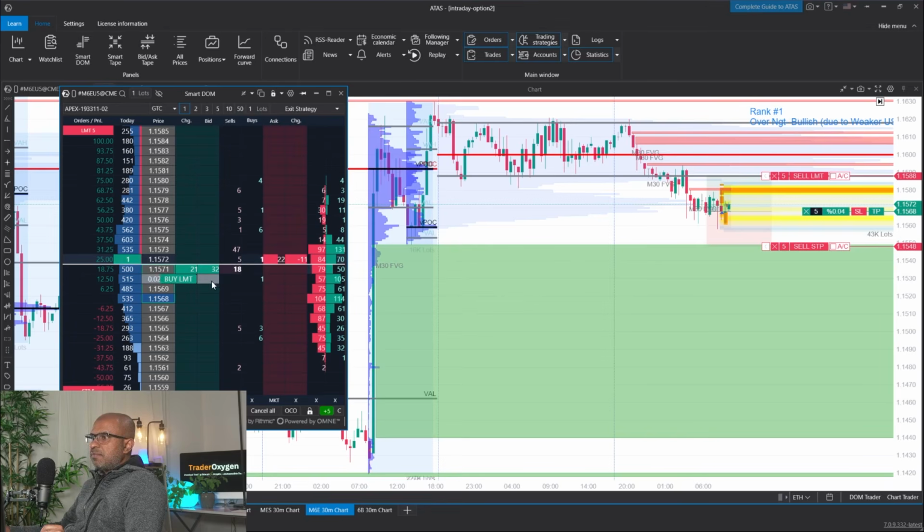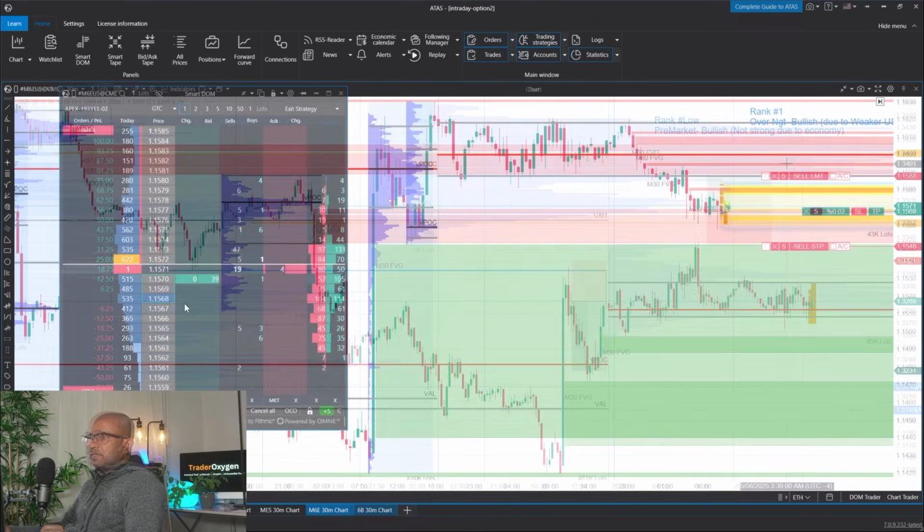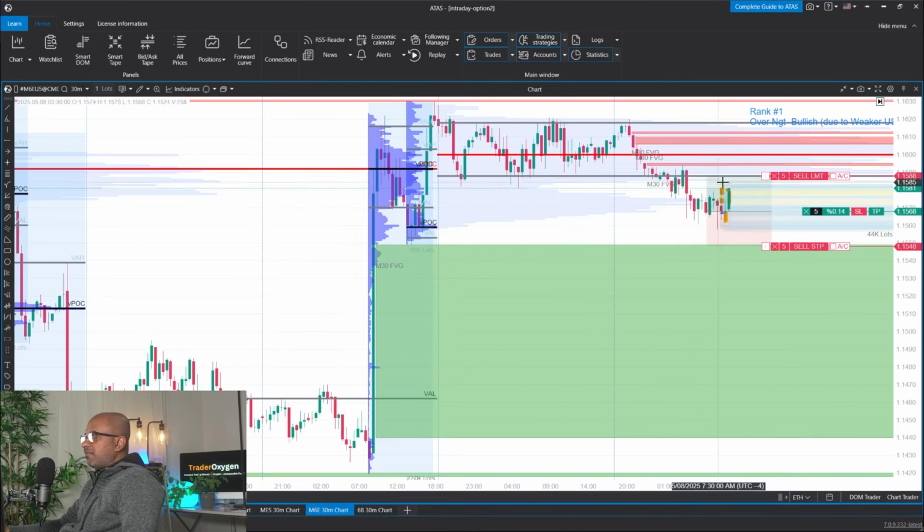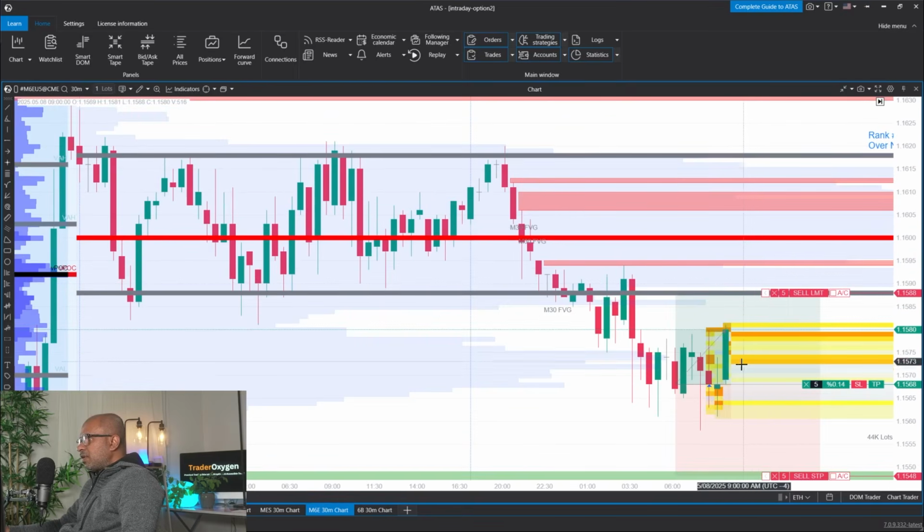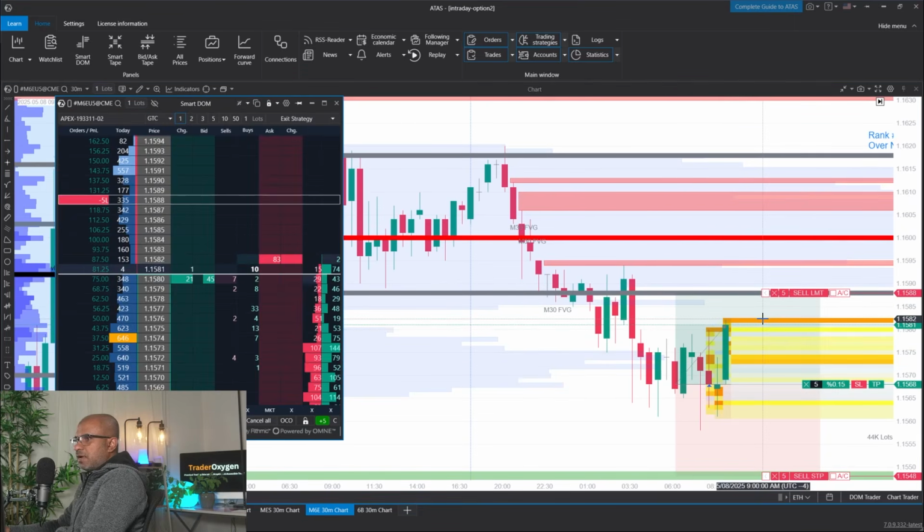However, the buyers are fighting, so the buyers will also keep buying. Right now you can see the trade is in profit. You can see the candle is pushing up towards the profit target, right? Over here we are just looking at the smart DOM as well. You can see a large number of passive sellers, meaning limit orders.